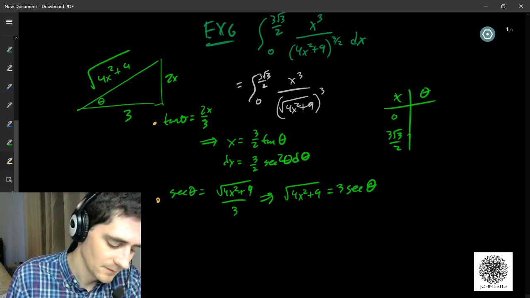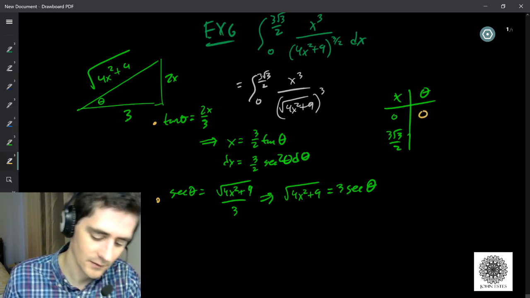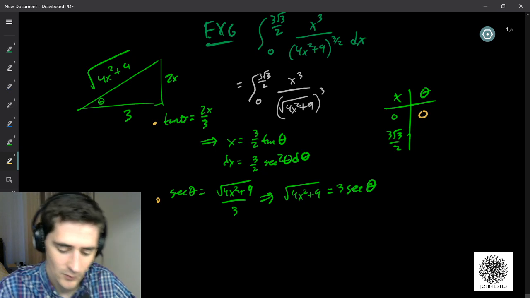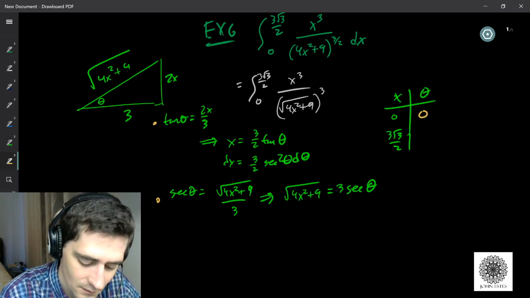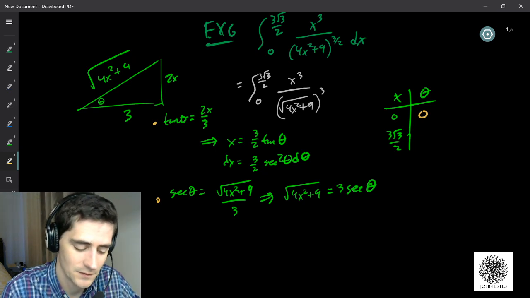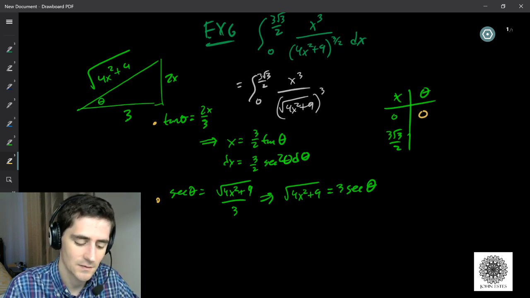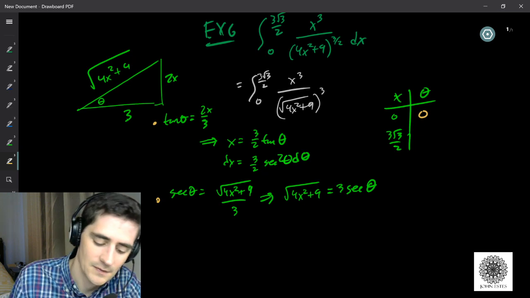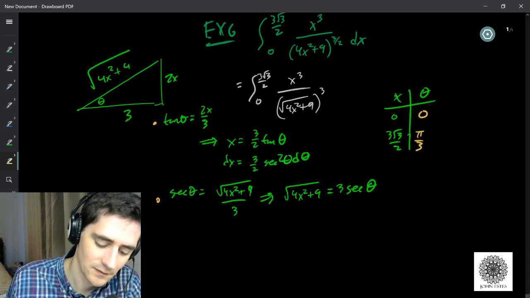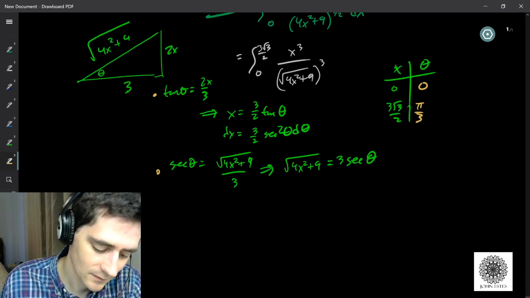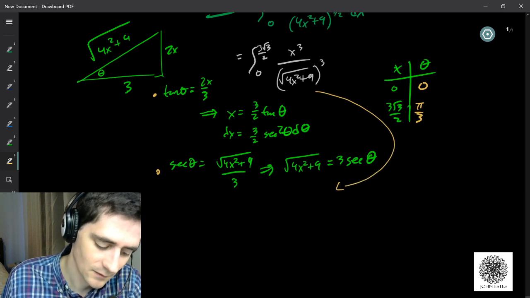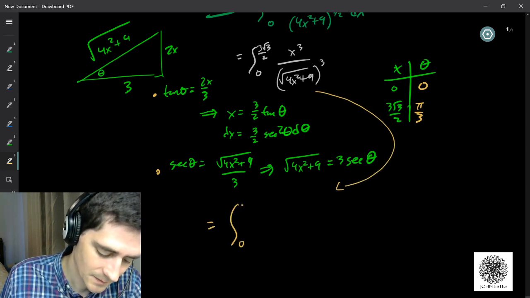That's going to give me theta is 0. And if I plug in 3 root 3 over 2 into 2/3 x, the 2/3 and the 3/2 cancel, so I get tangent theta equals root 3, and that happens at pi over 3, or 60 degrees. So now I can convert all of this into the integral from 0 to pi over 3.